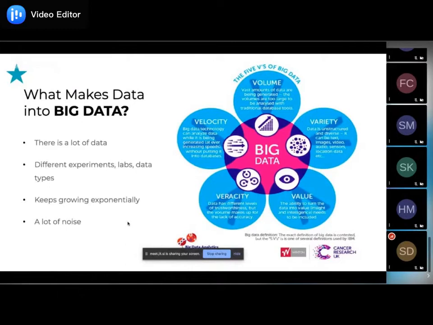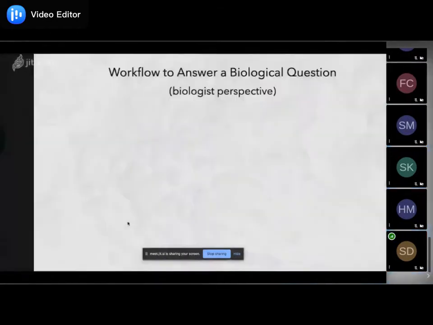We just maybe underestimate it. But it has five qualities that define big data: volume, velocity, veracity, variety, value, which is ever growing.